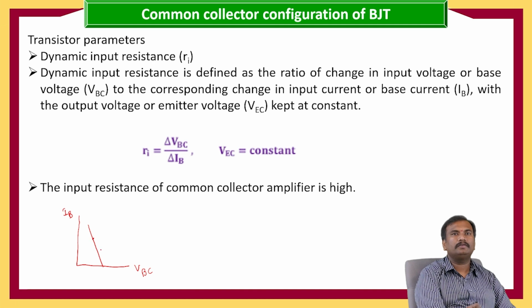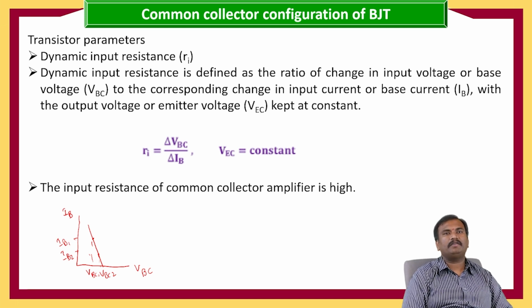If we take any 2 points on this graph, VBC1 and VBC2, the change in voltage is VBC2 minus VBC1, divided by the change in current, IB2 and IB1, that is IB1 minus IB2.